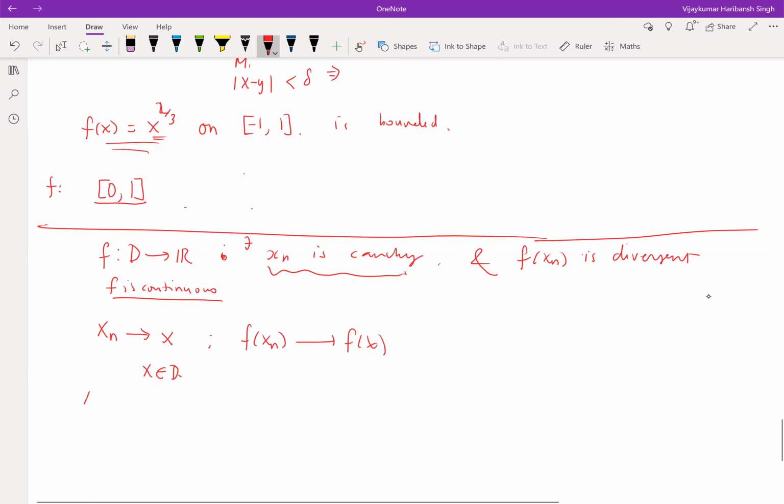If x does not belong to D, we can construct such an example. Do you have an example in your mind which would work? So that xn is Cauchy, but f of xn is divergent.